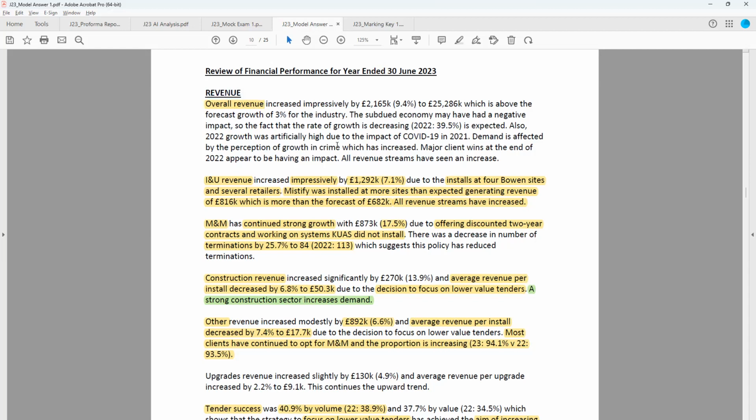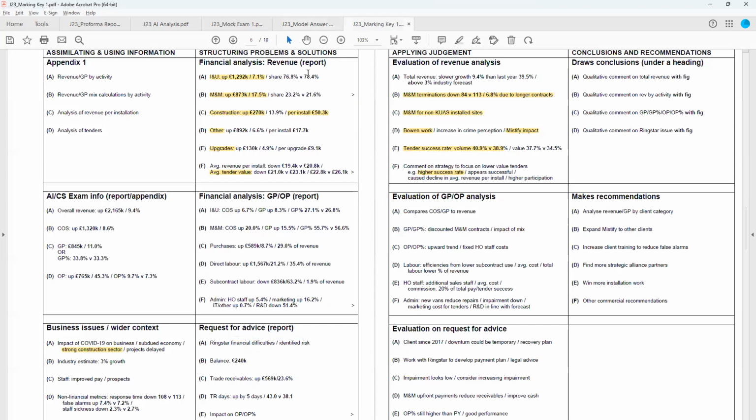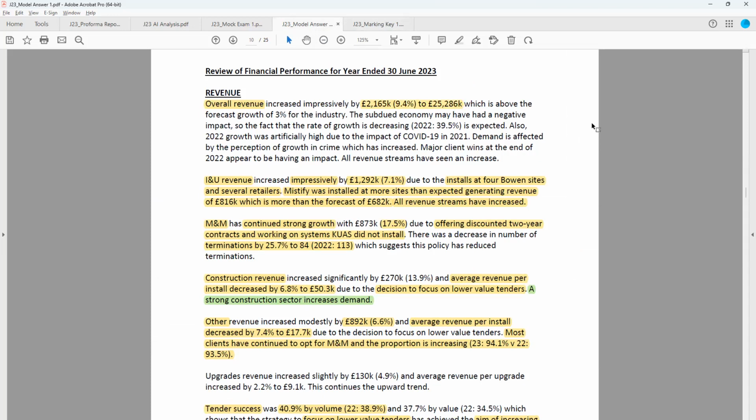So really with overall revenue, we're just going to say what it's gone up by. And I like to give the headline number, like the current year absolute number, when looking at key headline numbers like revenue and profit, because I think you would in a real report, but usually you don't actually have to do that. So if you really do struggle with time, then you should be okay just having the increase. But I think in a proper report you would have the key headline number.